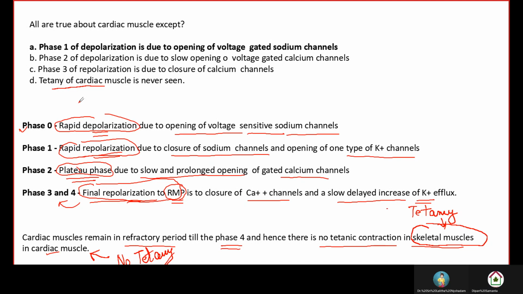That's why we have not chosen that option, because the question is all are true about cardiac muscle except which one of the following is not true. And you see phase 1 of depolarization, it should be rapid repolarization, then it is true. So this is wrong actually. The fact is wrong. That's why this is the answer. Anyway, next question.